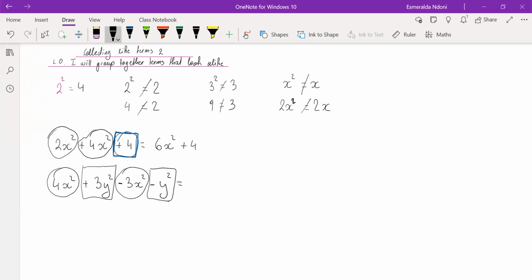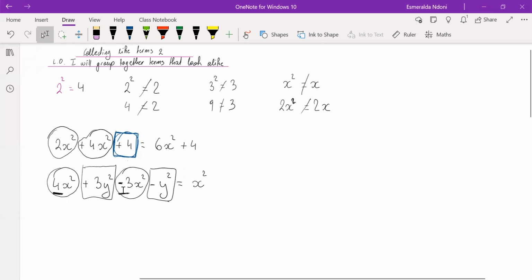So I have 4, so this 4 is going to take away 3. You can see this as 4 take away 3, it leaves you with 1 x squared. So just one of them. You don't need to write the 1 in front of it. In algebra, we don't write it. But if you did, it's not wrong. So 4 take away 3 gives you just one of them. Now we have to do the y's. I have 3 lots of y squared there, and I have to collect those with negative y squared.